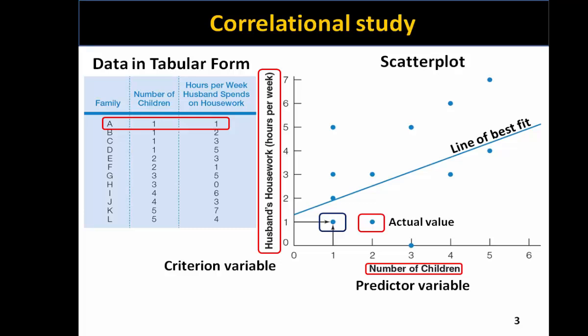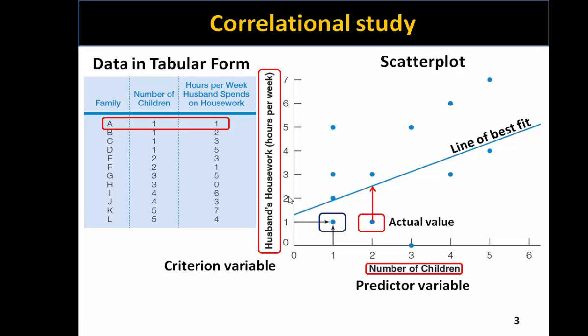This actual blue symbol is the actual value that was put on the plot from the actual table. And so this data point would correspond to family F, where there are 2 children and 1 hour spent.